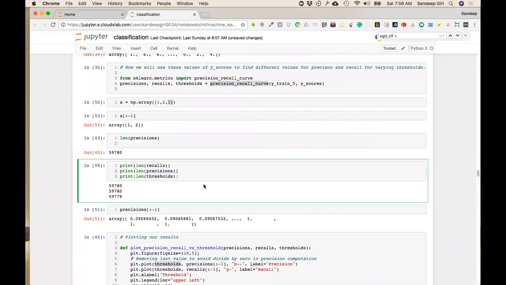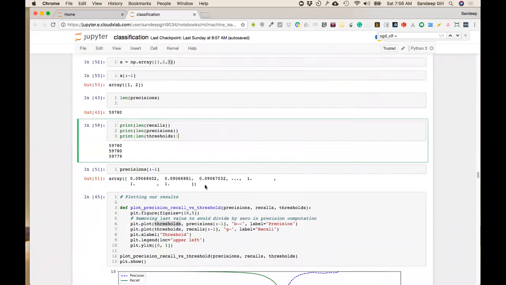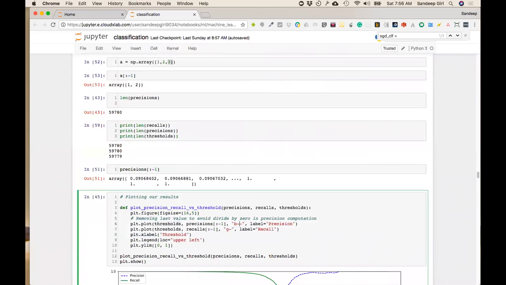Why? For the same reason, it would lead to a divide by zero error, and it doesn't make sense to take the threshold. So the question that we were trying to answer is what is wrong here.